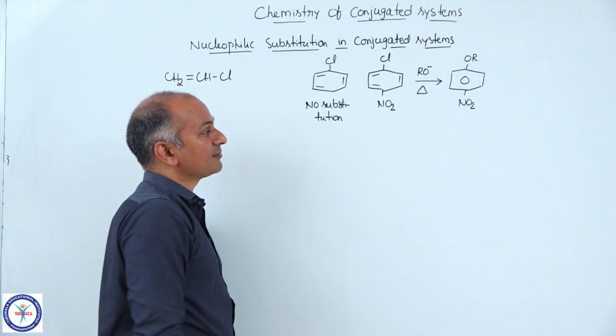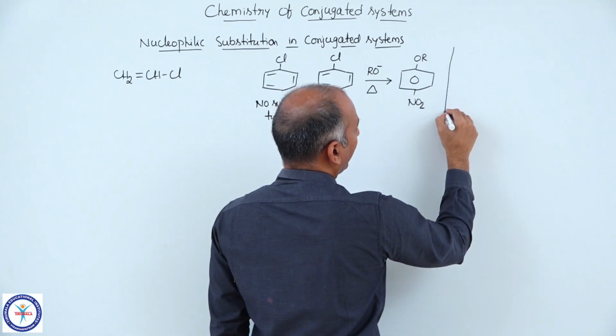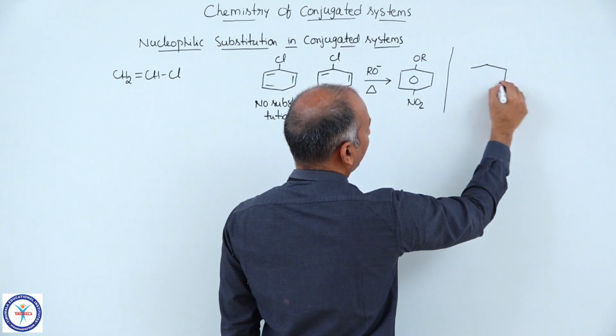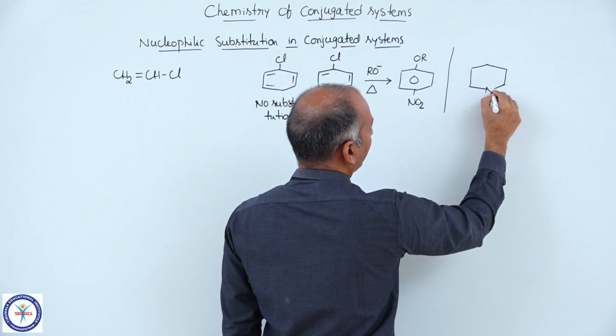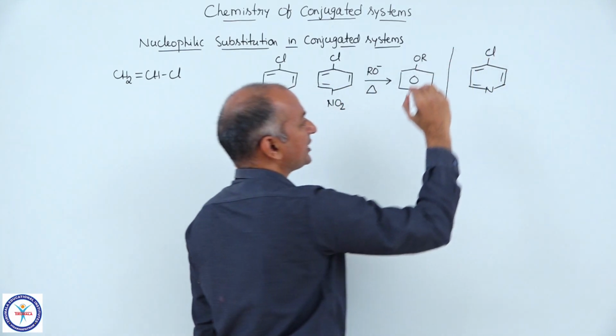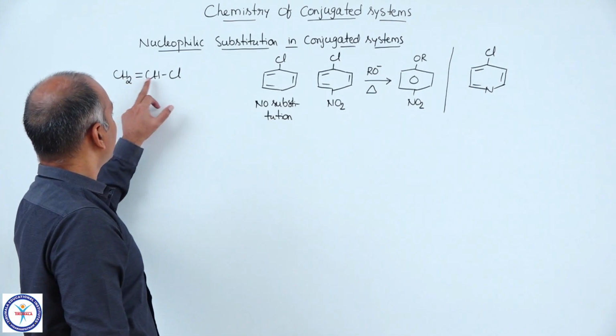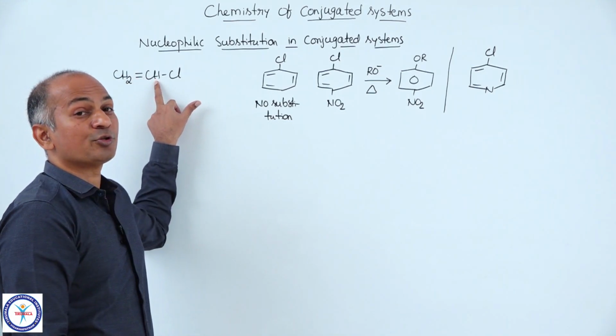Yes, the reaction happens. Now, if you take another example, that is pyridine, and one halogen attached here. You see that halogen? That is also vinylic type of halogen. See the halogen present here, which is attached to sp2 carbon.